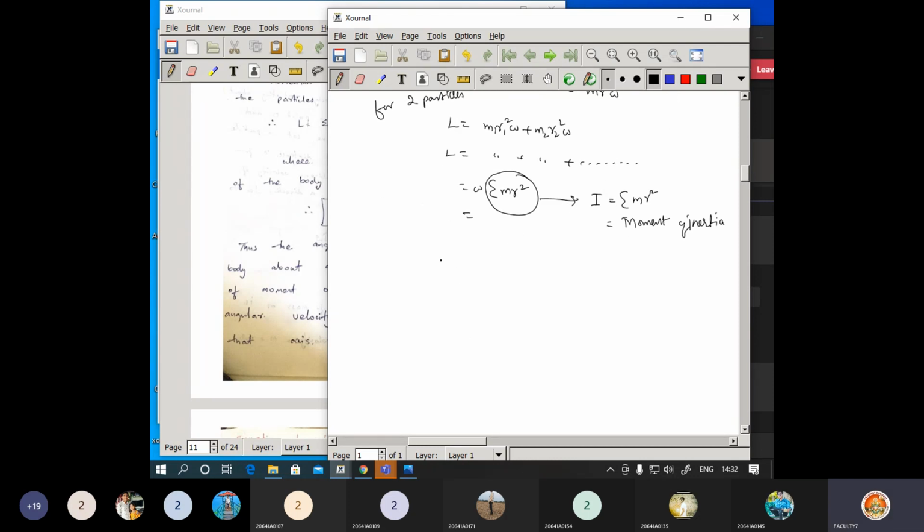So now what is the conclusion here? L equals I omega. This is the angular momentum, and here you need to identify the vector quantities.